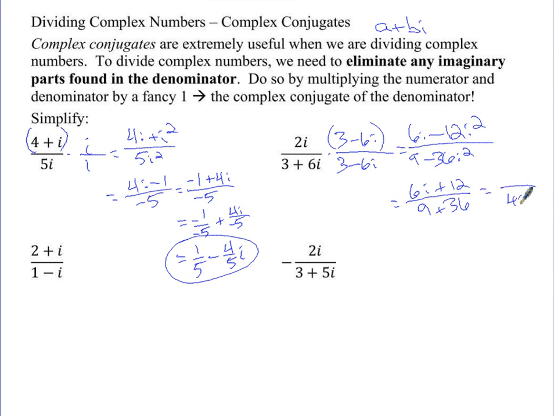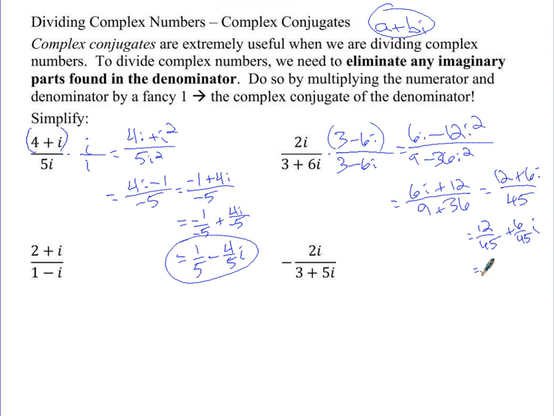The denominator can be combined, 45. The numerator is written in the wrong order, so I'm going to write 12 plus 6i. We want it to be written in this format right here, a plus bi. So I'm going to split that into two separate numbers, 12 over 45 plus 6 over 45 i.